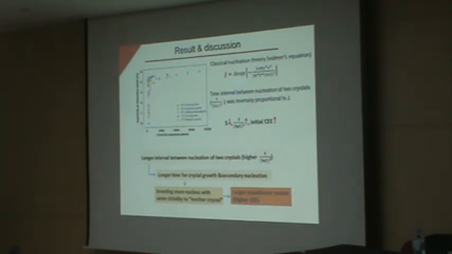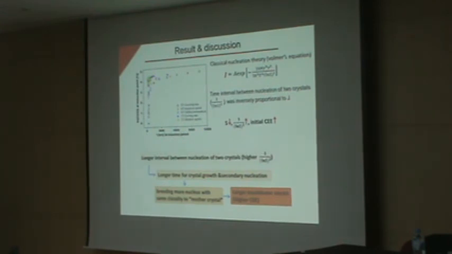So here we make a figure of the nucleation time interval against the initial CE. And we found that when decreasing the supersaturation, the time interval between nucleation of two crystals increased. So the initial CE increased.